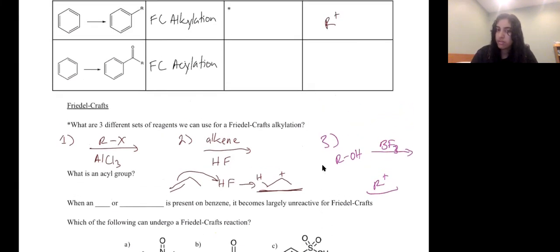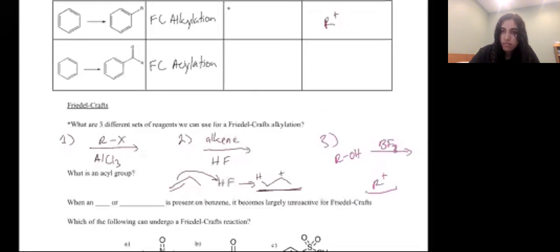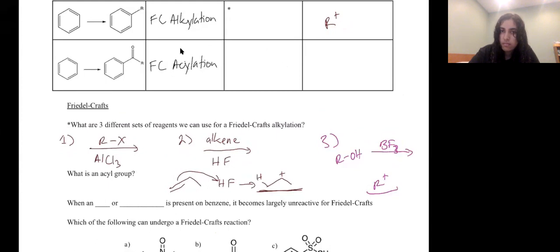Okay, and then for acylation, what reagents do we use? Yeah, the alcohol makes itself a leaving group. Okay, so that's right.